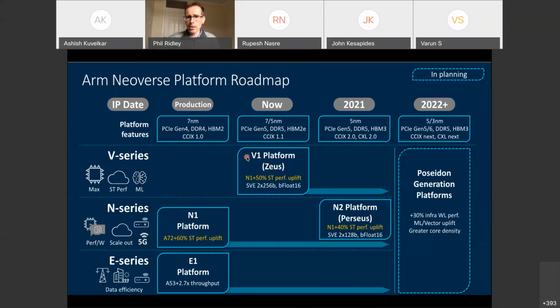So basically, when we come to N2, we're going to go back to the notation, but it will become more clear as we go on. So this is what we've got for Zeus or V1, same thing. If you see Zeus, it means V1 and vice versa as well.